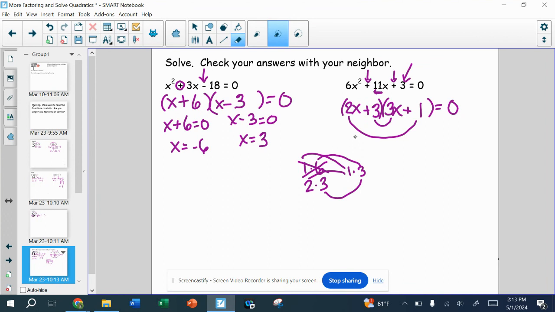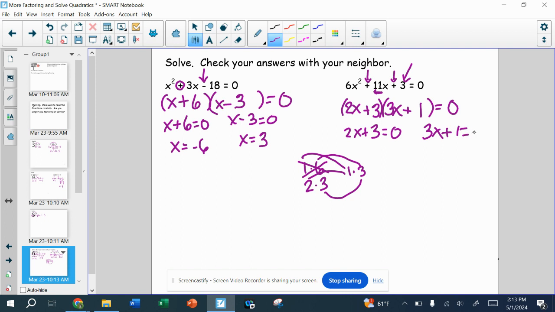Now, let me get rid of this stuff down here. After I've got all of that, I still have to solve this. So I would still have to say 2x plus 3 equals 0, and 3x plus 1 equals 0. And some of you might be able to do these in your head, and that's just fine if you can.